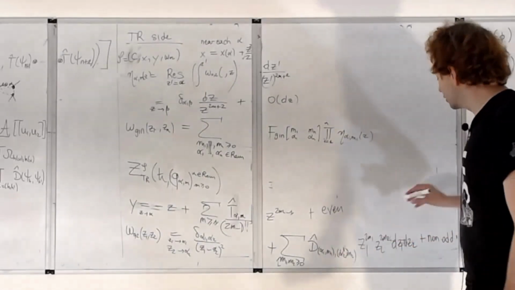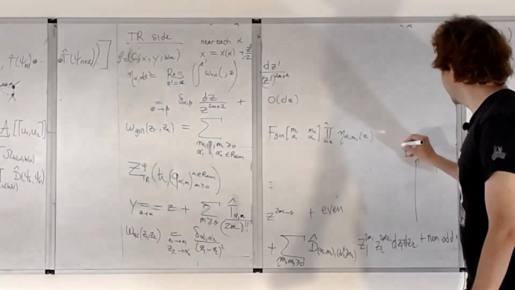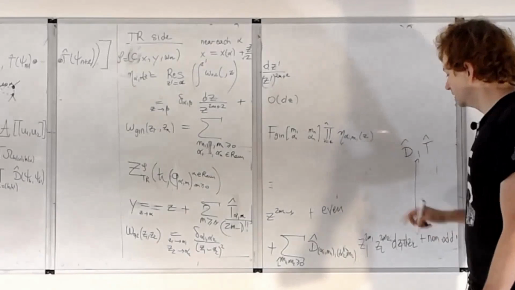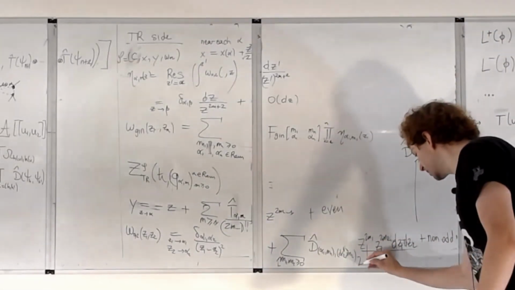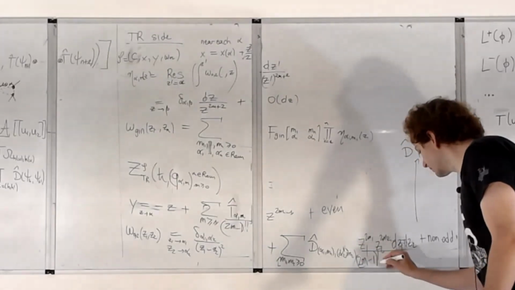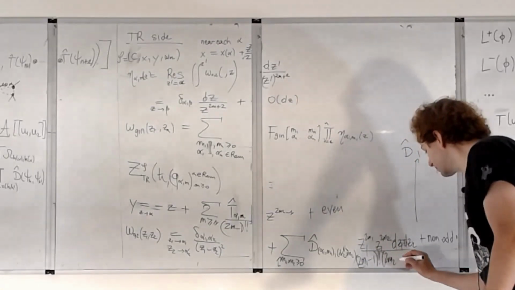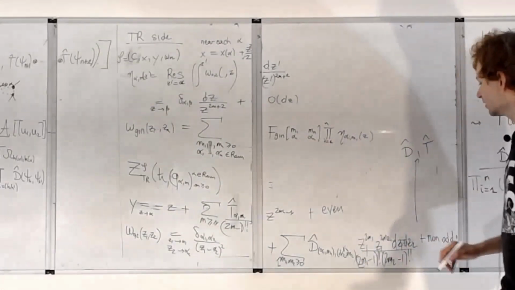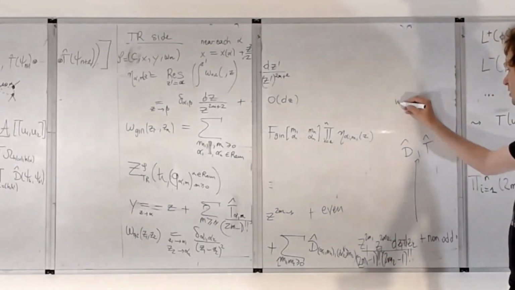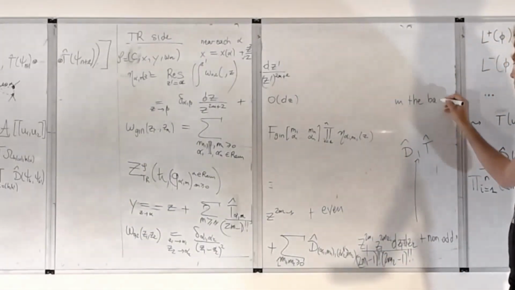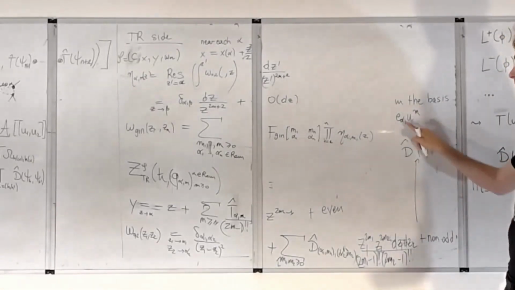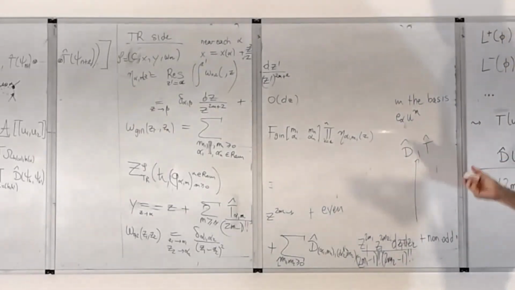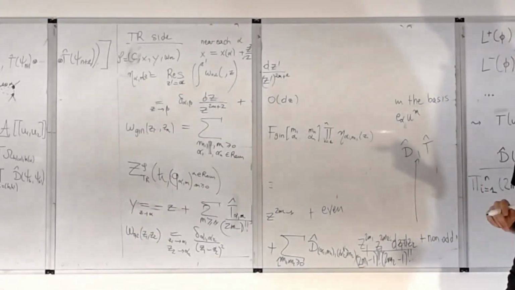So you build the corresponding d hat and t hat. These are the coefficients of expansion. Oh, sorry, it's missing the factorials. So these are the coefficients of expansion in the basis E alpha m. And this is it.